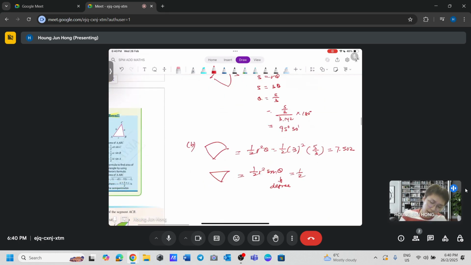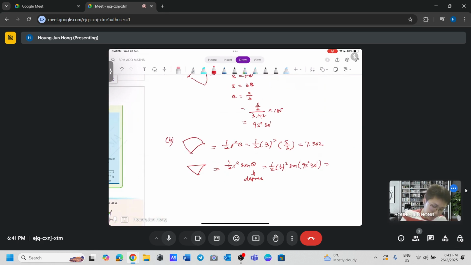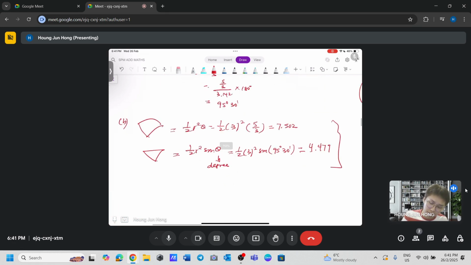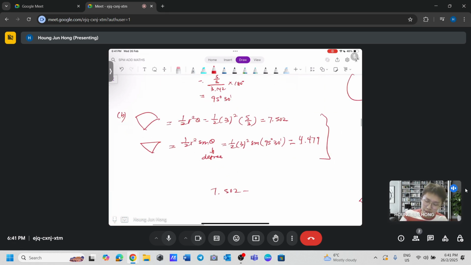So half 3 squared sine 95 30, which then gives you 4.479. Finally, just as usual, minus altogether. So this one minus this one, the pizza minus the triangle, you get the small thing over there on top, which is 3.023.